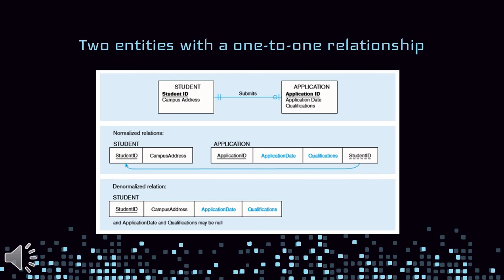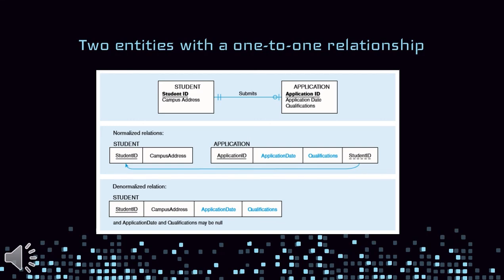Two entities with a one-to-one relationship. Even if one of the entities is an optional participant, it may be wise to combine these two relations into one record definition if the matching entity exists most of the time, especially if the access frequency between these two entity types is higher.